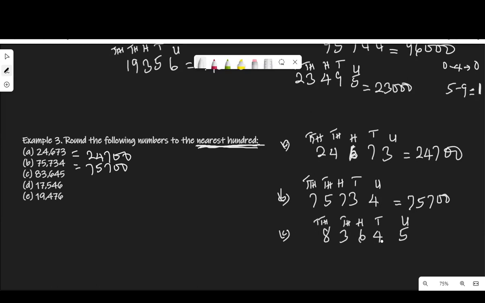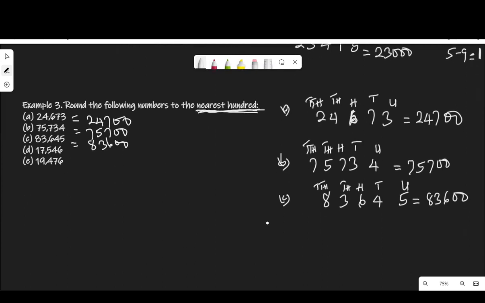The next digit to it is 6, which rounds up. So 3 becomes 4. I have 8,400 to the nearest 100. Then that is it for C. Let's move on to D. Let me do it here.